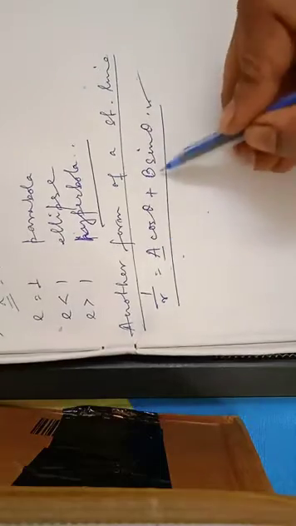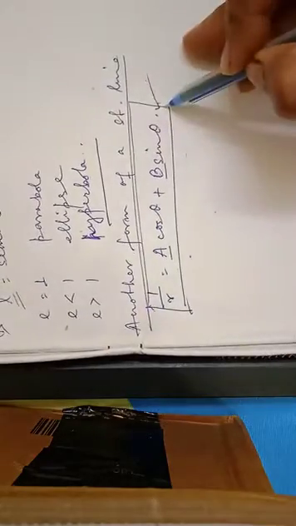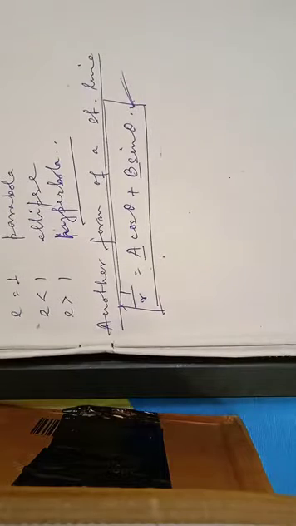Already we learned another form of straight line, which was r cos(theta minus alpha) equals p. This is another form. You can get from one form to another easily by some simple calculation, where a and b are constants. Now whenever you get such an equation, that is 1 by r equals a cos theta plus b sin theta, you need to understand that it represents a straight line.